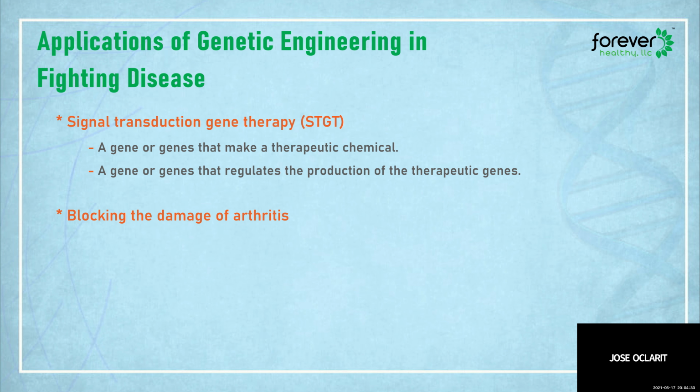A gene that makes a therapeutic effect could be inserted into the site where the gene is defective. A gene or genes that regulate the production of therapeutic genes can also be inserted, multiplied or expressed. So it can also be used in blocking the damage of arthritis or any other disease.